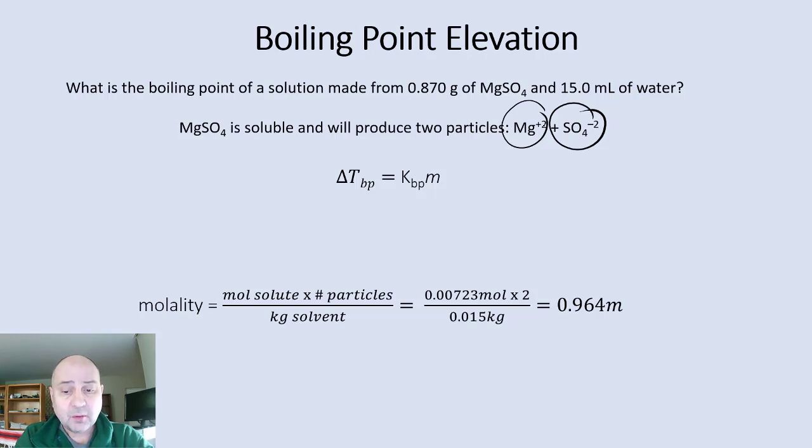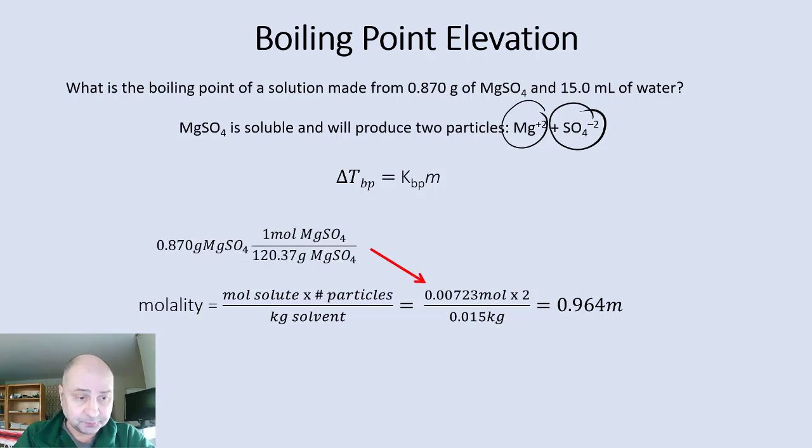I don't provide you here with the Kb, but it's 0.512 degrees per molal. That's that for water. It's not shown here, but in order to get molality, I need to take the number of moles divided by the kilograms of solvent.